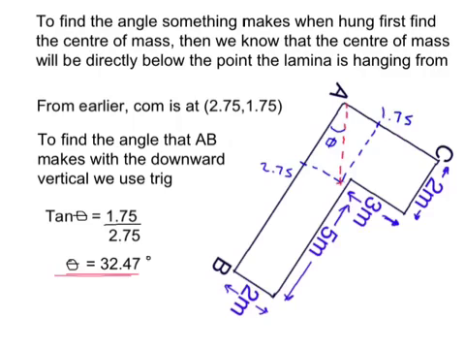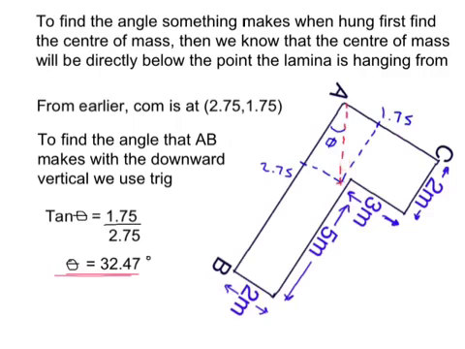Right, find the angle something makes when hung. This can confuse people. In the exam, you could gently lift your paper up a little bit to get your head around this visually if you need to. Don't start waving your paper around or you'll be in trouble. Right, when it's hung, we know the centre of mass acts directly below the point it's hung by.